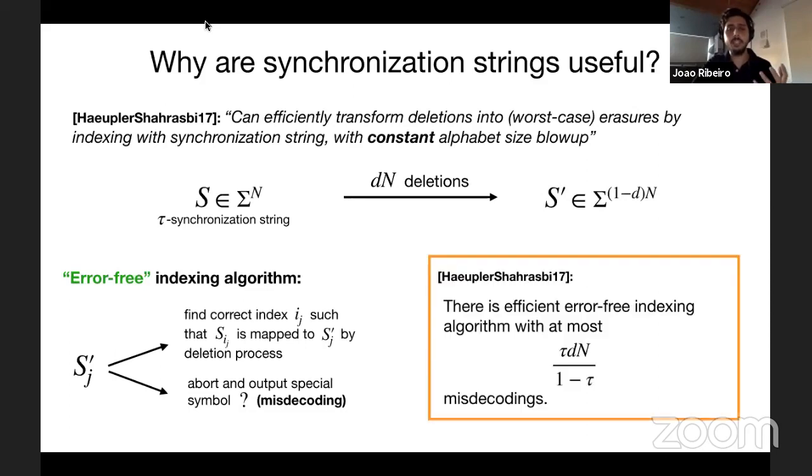And they show that there is a very simple greedy algorithm that is an error-free indexing algorithm with at most these many misdecodings. So this gives the strategy for constructing our code over a large alphabet, because these synchronization strings really only blow up the alphabet size by a constant, or poly 1 over tau.